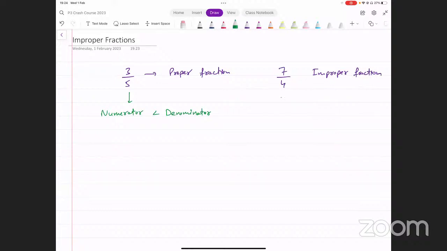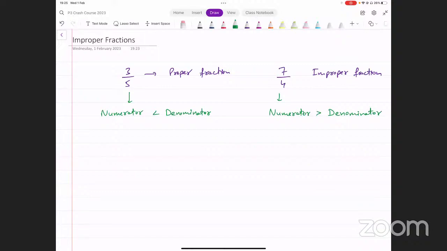Why? Because in this case, your denominator is less than the numerator, or you can say the numerator is greater than the denominator. So this is an improper fraction. Right? That is how it used to be for numbers.